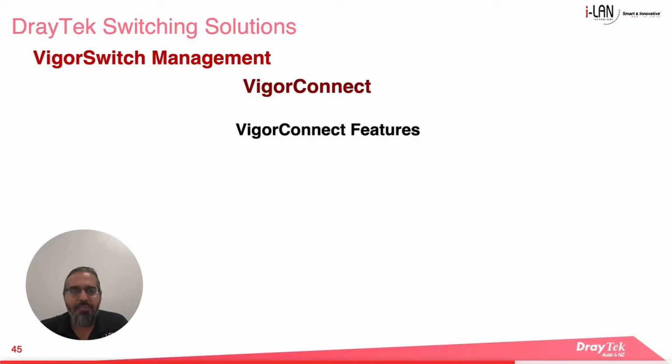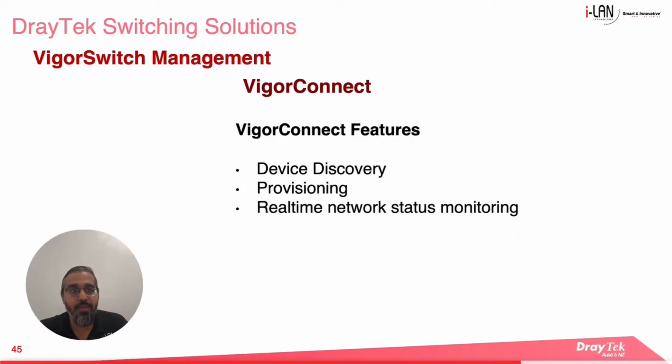Now, some of the key features of Vigor Connect are device discovery, where all the Vigor switches will be discovered and auto-configured to add to Vigor Connect. Provisioning, where pre-configured profiles can be uploaded to each switch. Real-time network status monitoring will send you a notification if a switch has lost network connectivity.